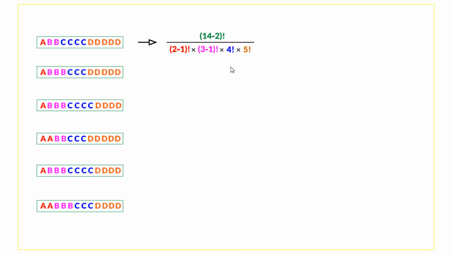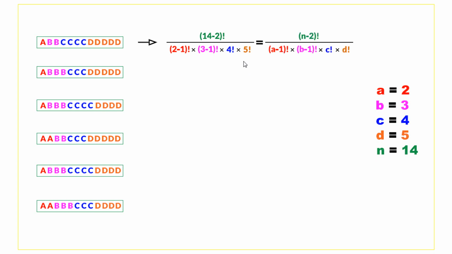permutation for each word. But at this time we will replace these numbers with their corresponding symbols as we see here. So we replace 2 with A, 3 with B, 4 with C, 5 with D and 14 with N, and we get this formula here.